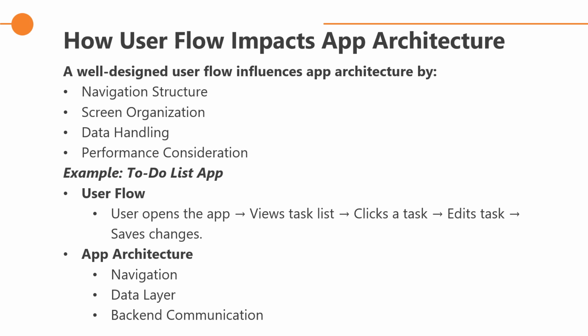And then, because maybe we're integrating with an API, we have to look at the back-end communication, maybe some API calls for cloud syncing. Again, how are we storing that information? So in this case, the user flow is going to dictate what kind of screens, what kind of storage, and what kind of APIs are going to be needed. And that's going to influence how the app is going to be built technically.